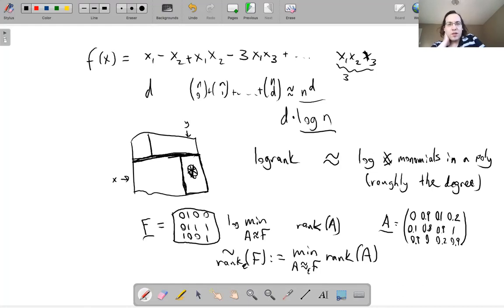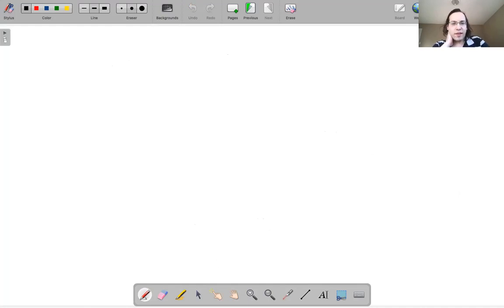Okay. And we're actually going to usually work with sign matrices. So we actually will take F to generally be a +1 -1 thing. And then A will approximate that, but it's the same type of approximation.